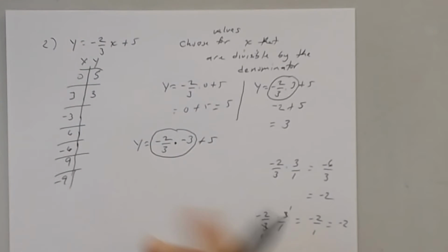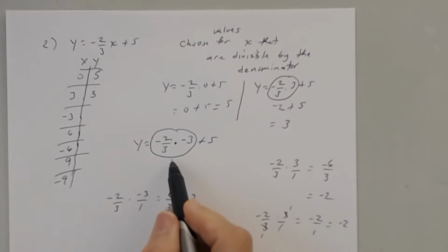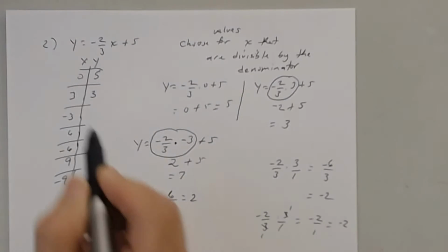If you need to, go ahead and rewrite it. You can multiply first. What's negative 2 times negative 3? Positive 6. What's 3 times 1? What do I get? 2. Or you could have reduced first and then multiplied. But regardless of which approach you take, this product is 2. And then 2 plus 5 is 7.